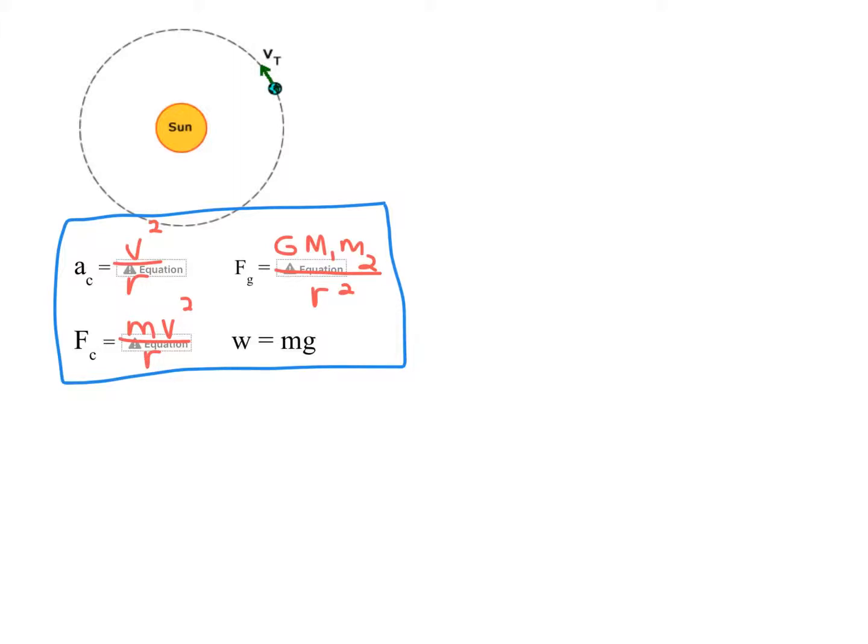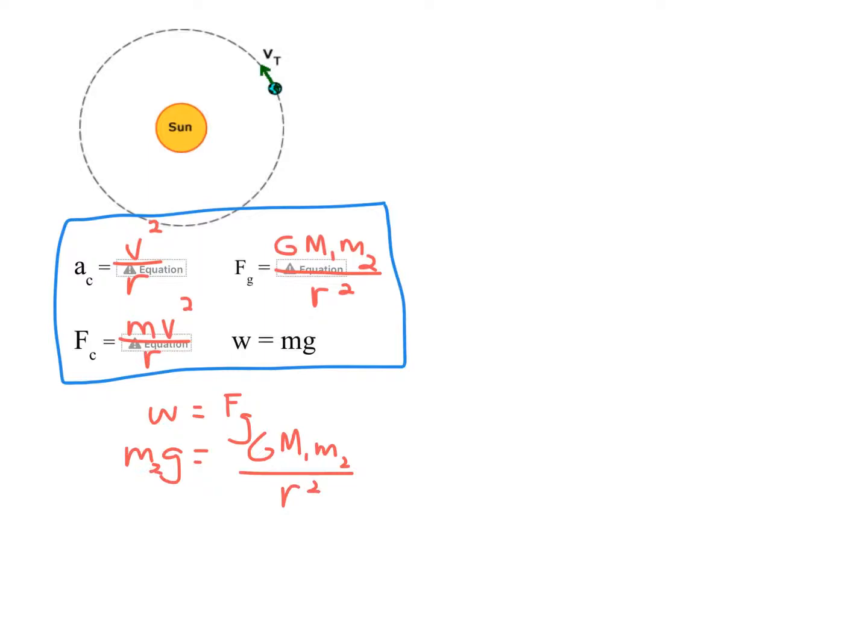Now when you're in circular motion, the weight, W, is the force of gravity. So if we take the above equations in the blue box and plug them in here, we have mg equals G m sub 1 m sub 2 over r squared. Now the mg on the left hand side, that's the small mass, m sub 2.